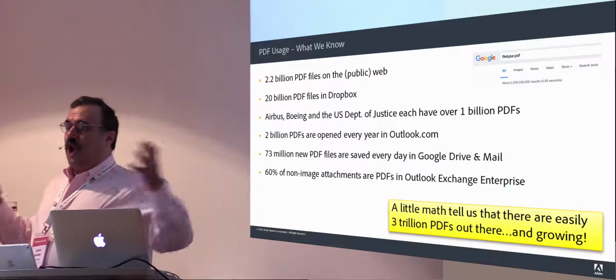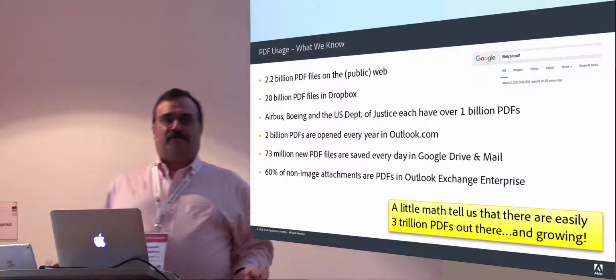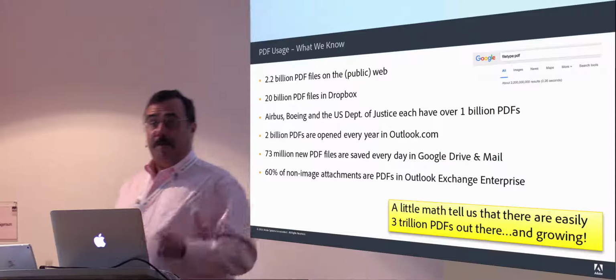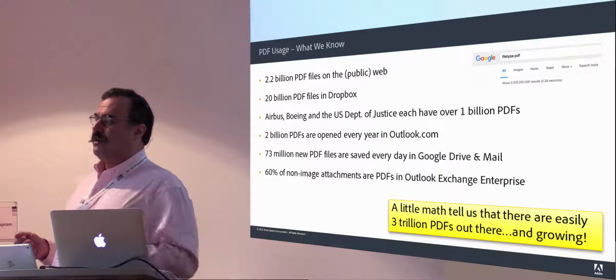But I think the most important thing is, I don't think it's important. The total number of documents out there, the total number of PDFs, I think is irrelevant. I don't think it's about the total number of documents that are out there.